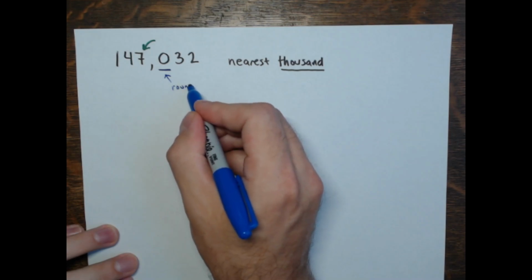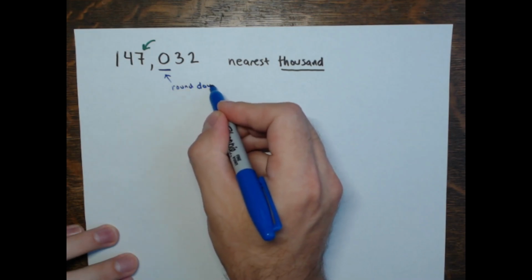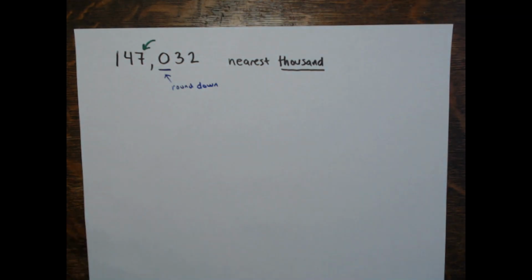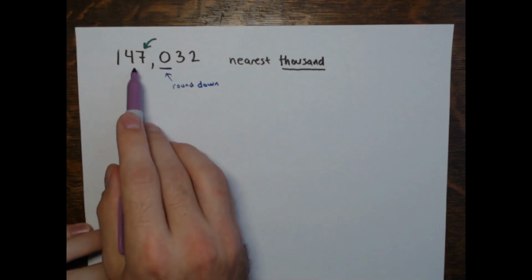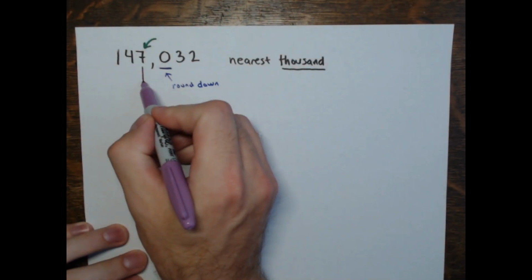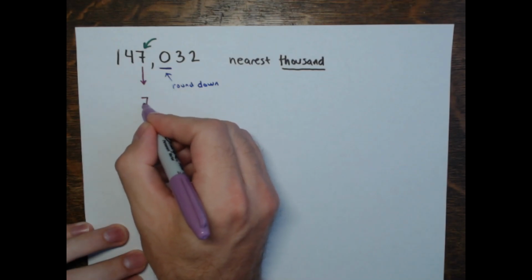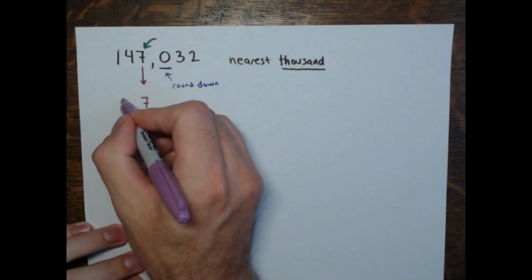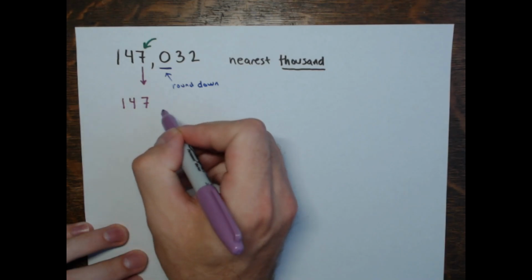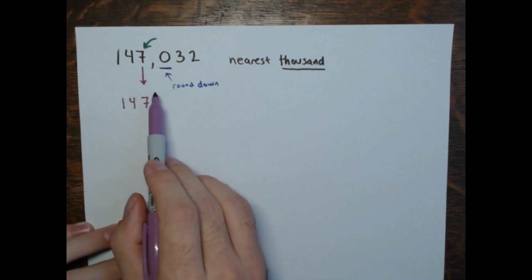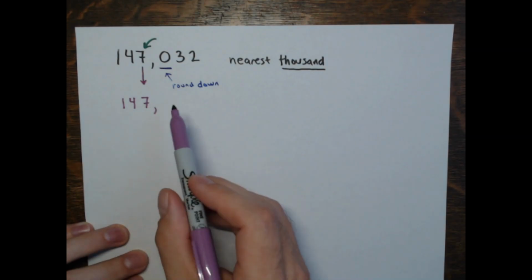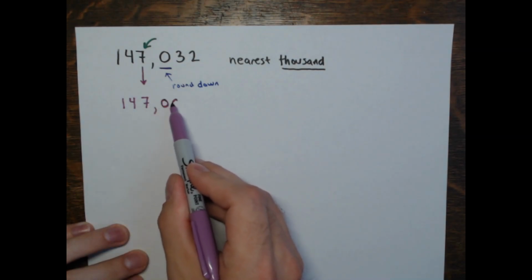So we're going to now be rounding down. Remember, rounding down, I don't do anything to that place that we're rounding to. 7 will stay 7. And the digits before it to the left stay 1 and 4. So we still have 147,000. And then the digits to the right of this are all becoming zeros.